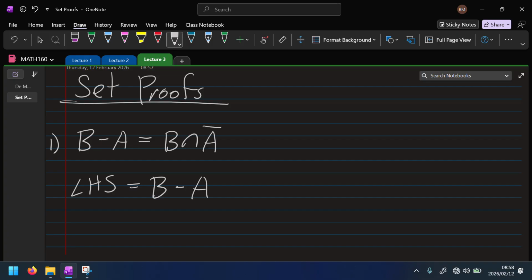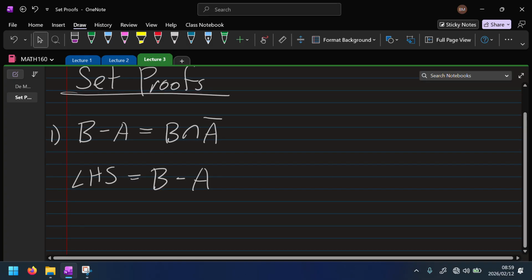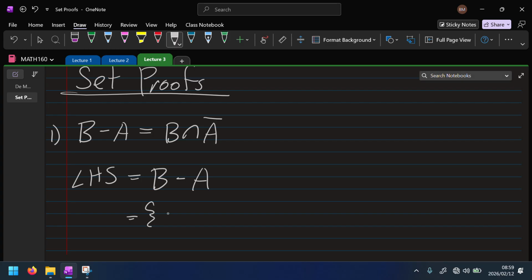So we're going to expand it out. So this is a set. The whole thing is a set. And we write it as X such that X is an element of B and X is not an element of A. Yeah, that is from that first box that we have there for that definition.